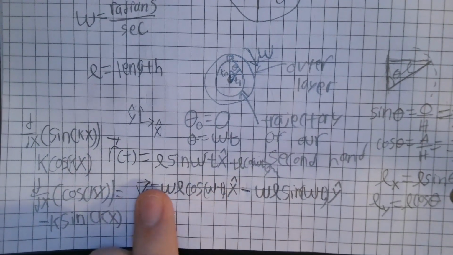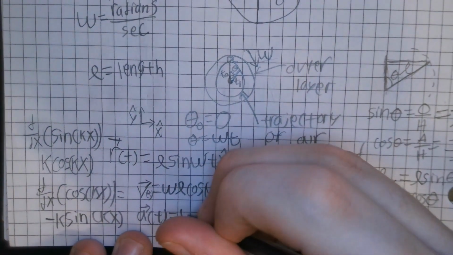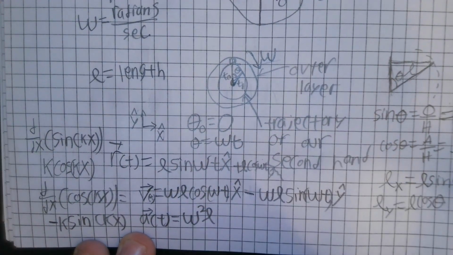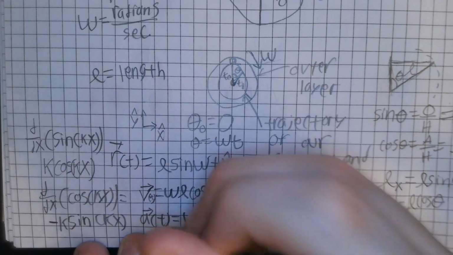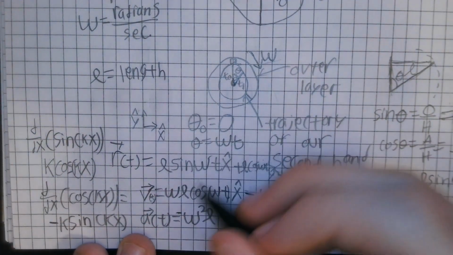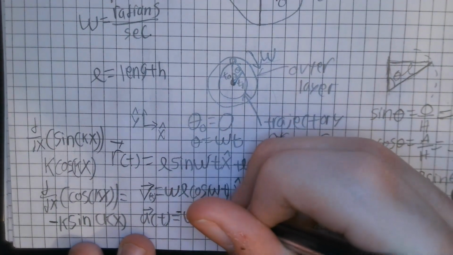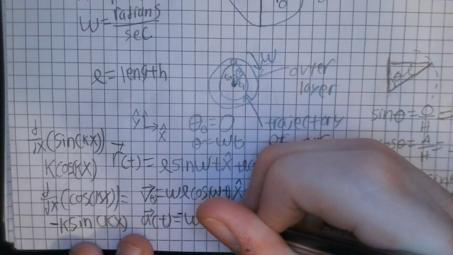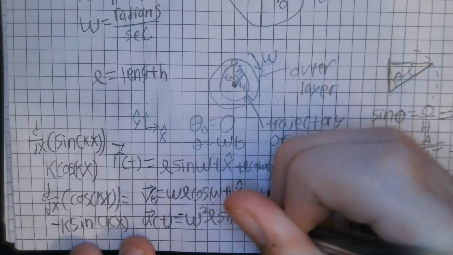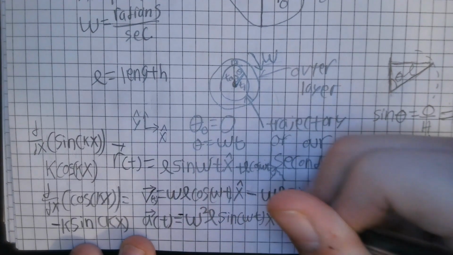So take omega out. We get omega squared because we have 2 omegas, times L, length, negative sign, because it is the derivative of a cosine function. So the sign switches, we get the sine of omega t in the x hat.